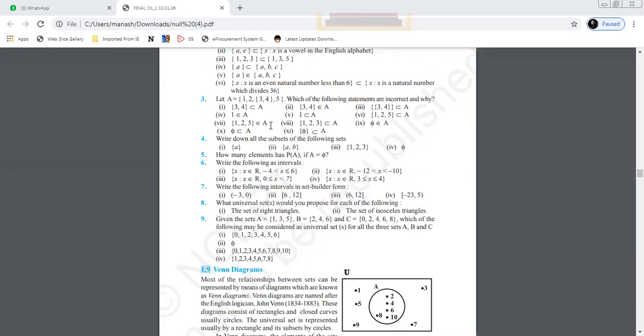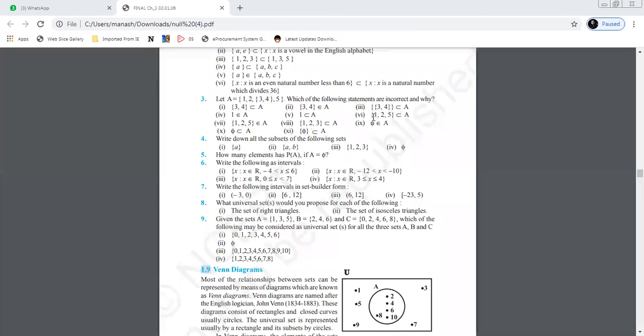See here, whenever we give curly brackets, it represents a set, and a set cannot belong to A unless {1,2,5} is one element. Then only you can say that it belongs to A. This is not belongs to A.